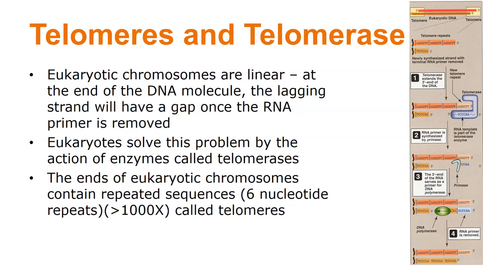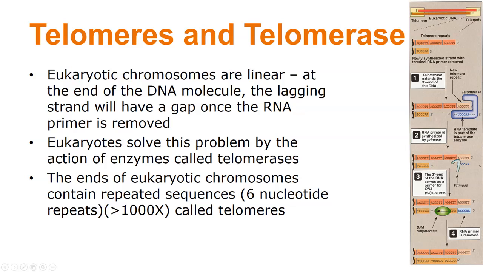Where this becomes a problem is, over time, if you keep replicating that piece of DNA and you don't do anything about the end, over multiple cycles that end is going to get shorter and shorter, till eventually it gets into some coding genes. And if that happens, that cell will undergo apoptosis and die.